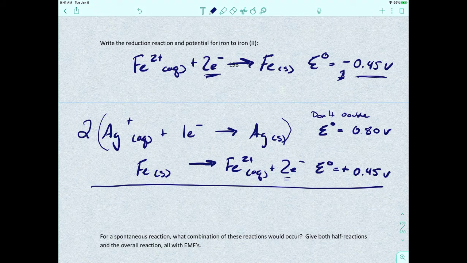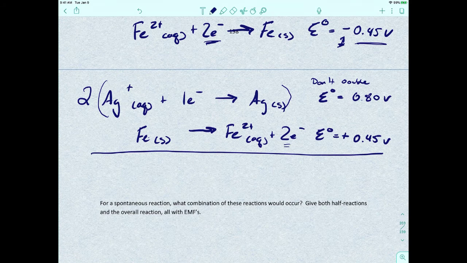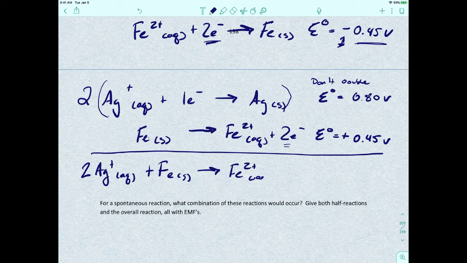So when we add up these 2 half reactions, we're going to get this. 2 silver ions plus solid iron gives us iron 2 plus and solid silver.